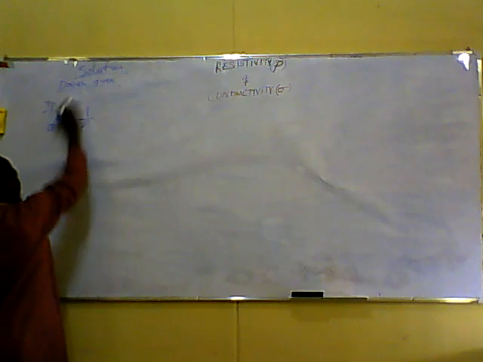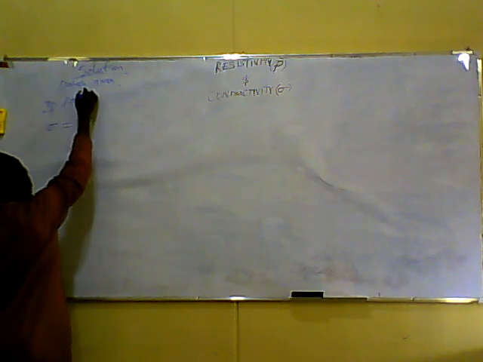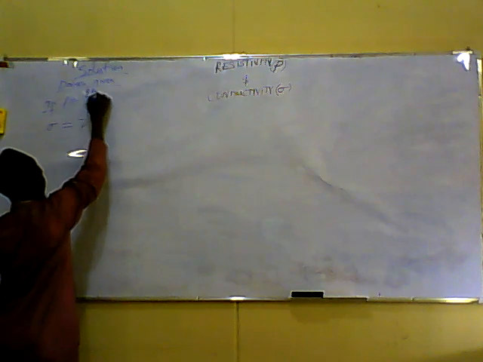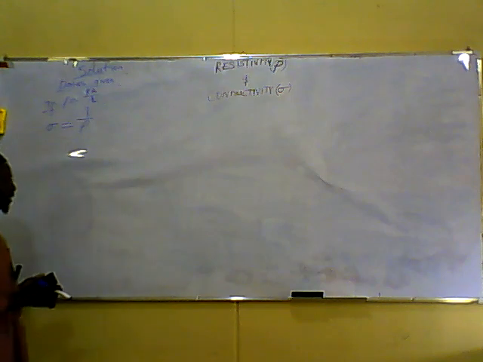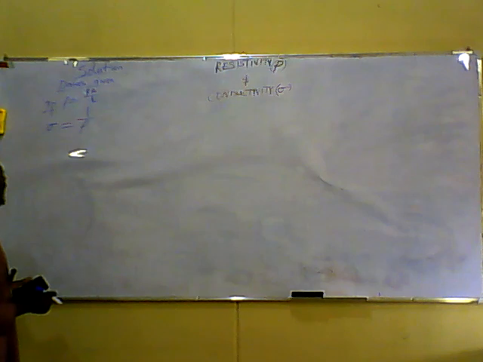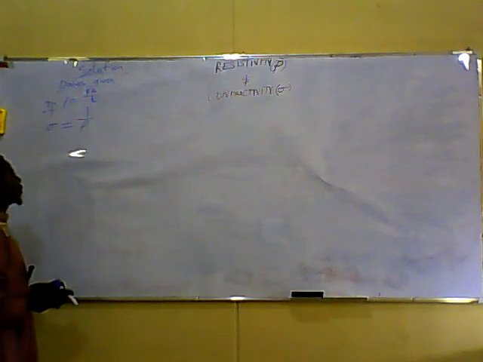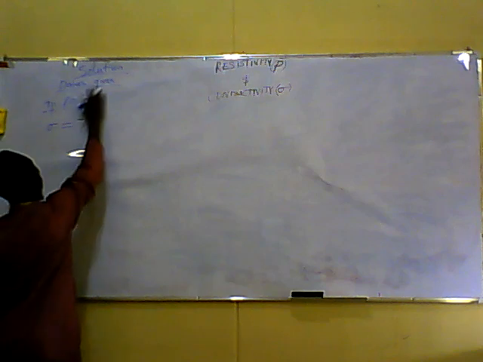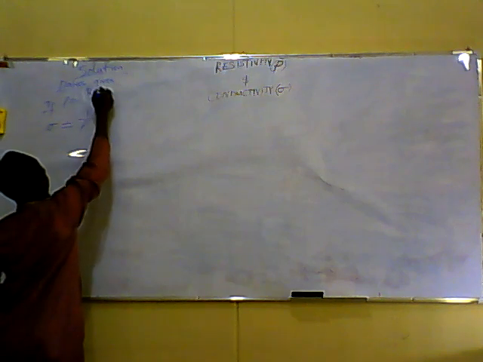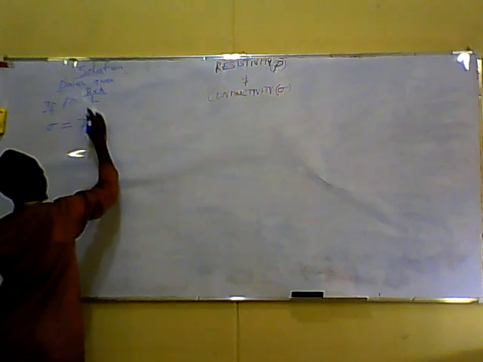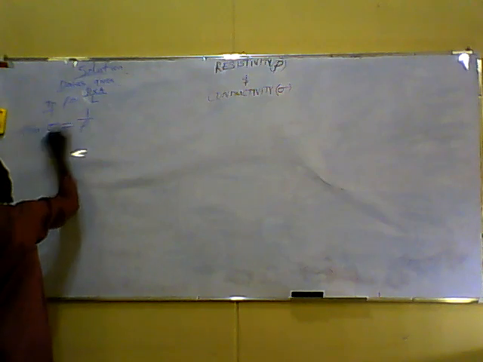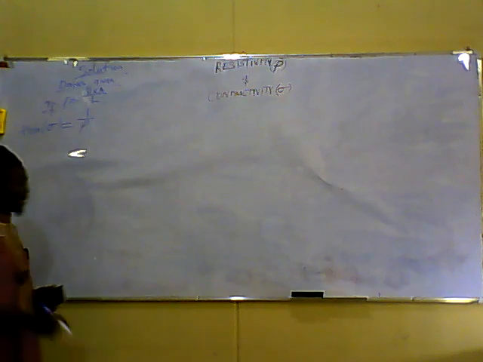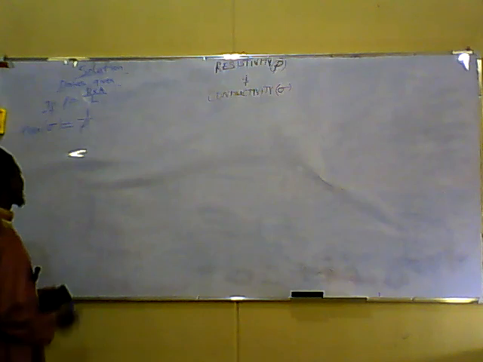That is, if rho is equal to RA divided by L, that is our equation 3 from the beginning, that we have rho equal to R times A divided by length, then sigma is the inverse of resistivity. That will be 1 divided by resistivity.